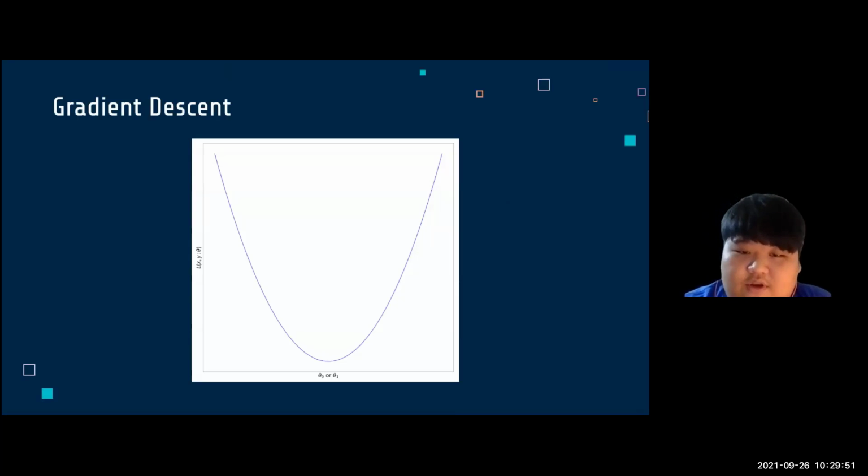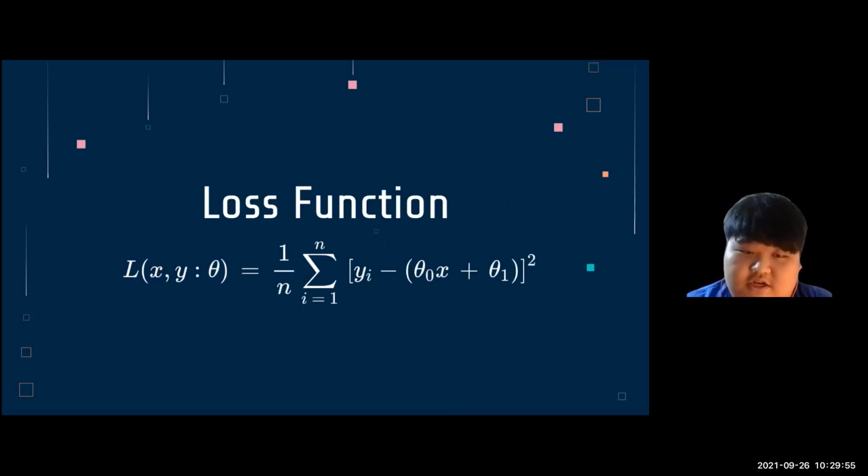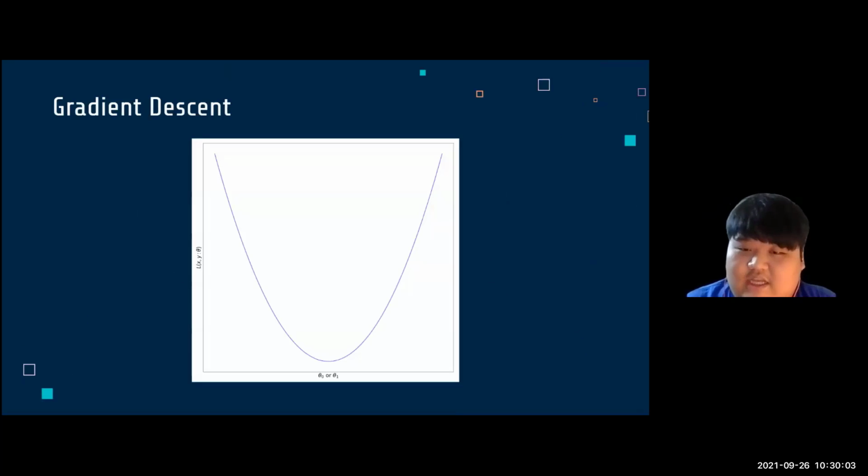Our loss function will look like some kind of polynomial function with an x squared. This is how it's going to look, and you can see there's an absolute minimum at the middle of our plot, and that is our goal. That is where we want to go, since it has a minimum value for our loss.